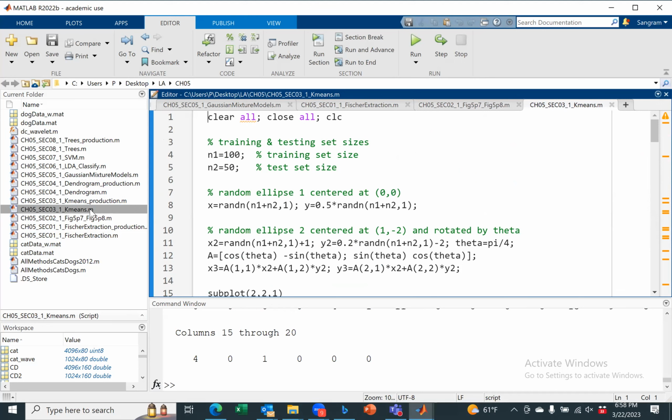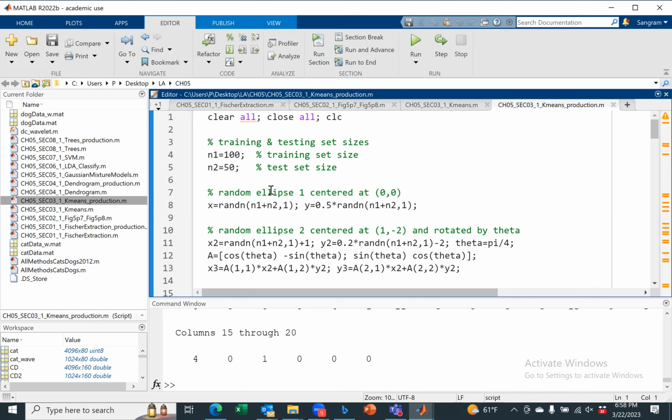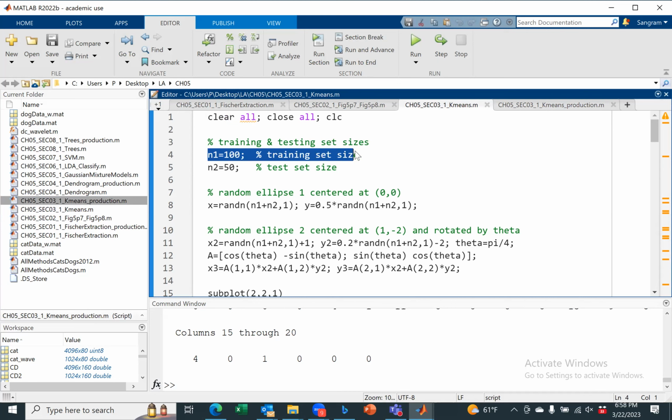What we are going to have is a training data set, and then the real data set, and we are going to perform this clustering on the data set that is used to train the algorithm. And then we are going to look at the different test sizes. So let's look at this code. I'm going to have the training data set, which has 100 samples.